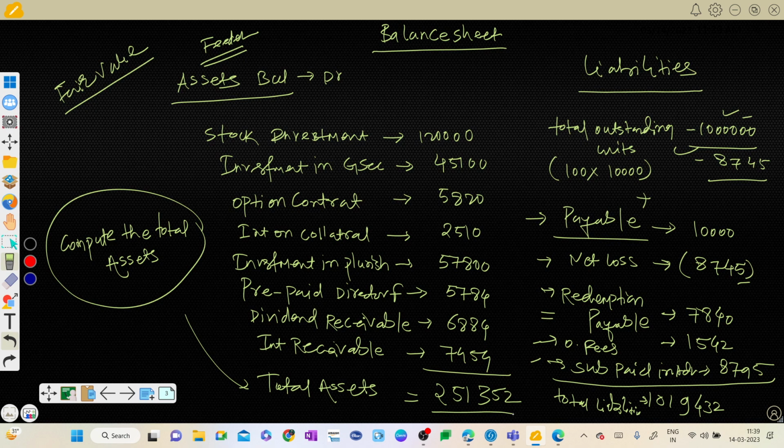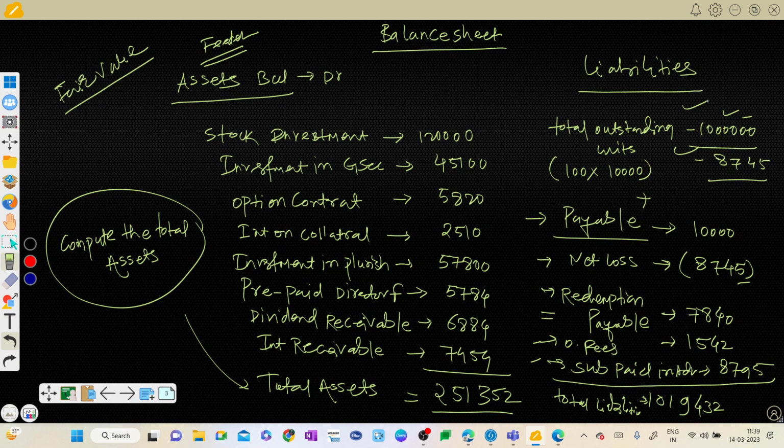How will you calculate the incentive fees? Because on the asset side we have around 251,352, while total liabilities are high and total assets are low.